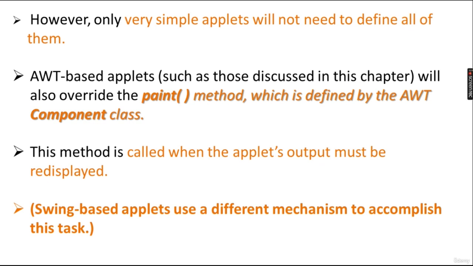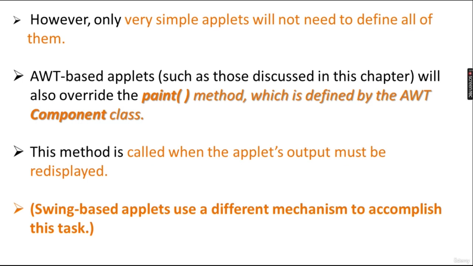AWT-based applets such as those discussed in this chapter will also provide one more method, the paint method, which is defined by the AWT Component class. This method is called when the applet's output must be redisplayed. Every time the applet is minimized and something else like your Chrome or Eclipse is maximized, the applet goes into the background.